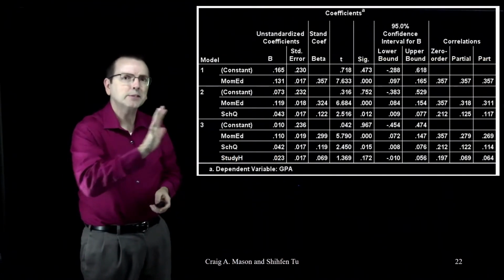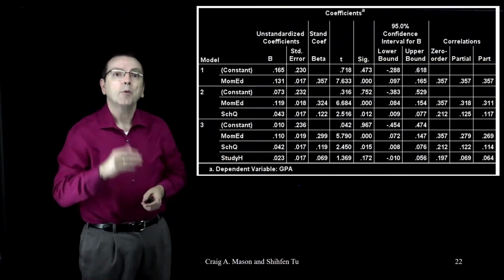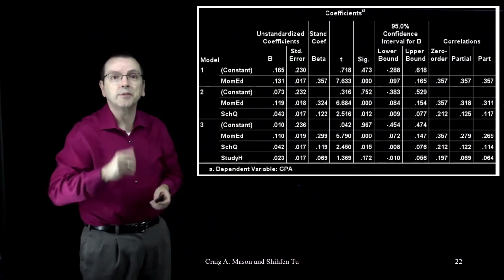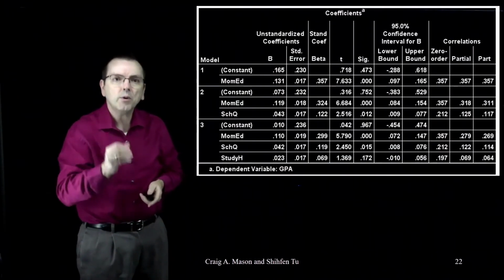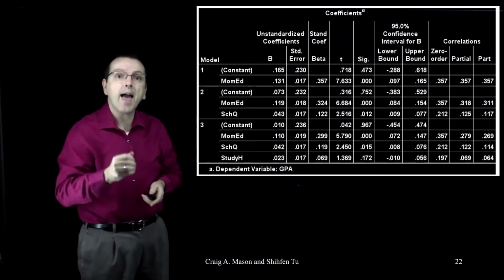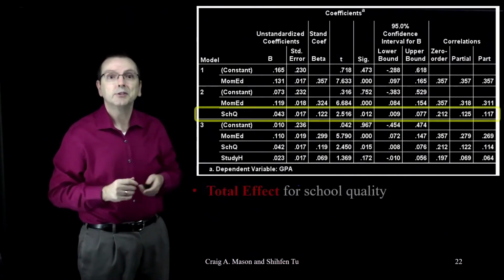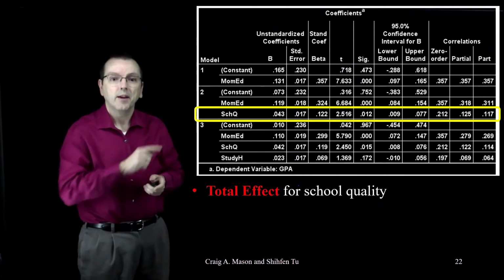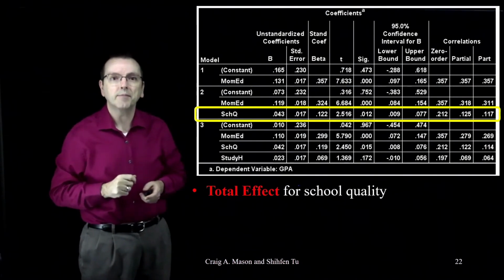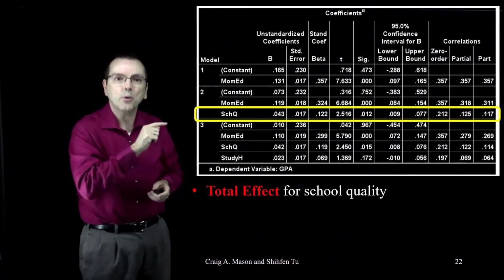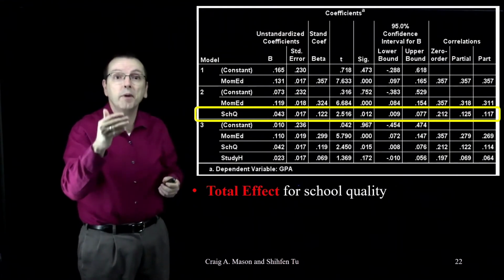So that's model 1. Now, when reporting the second step of a sequential multiple regression, model 2, the focus is then on the variable that we've added in that step, school quality. Remember again, this is the total effect for school quality, right? It's the total effect because we're controlling for mother's education.